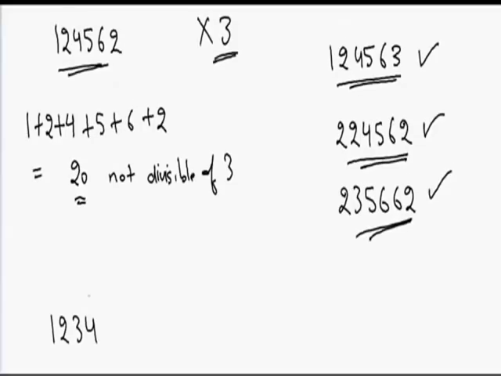Now let's talk about 4. Sorry, the number was 1 2 4 5 6 2, and whether it is divisible by 4 or not. In that case, I have to look at the last 2 digits, to see if they are evenly divided by 4.